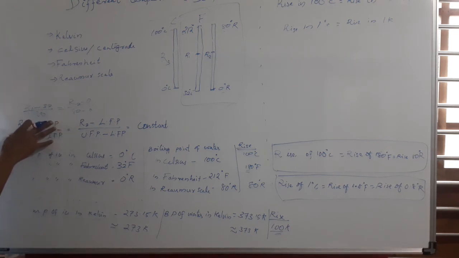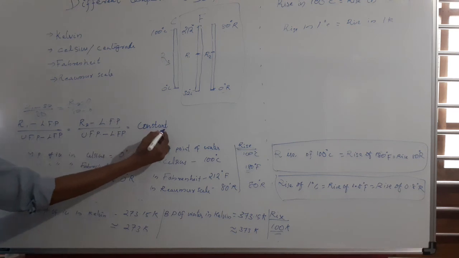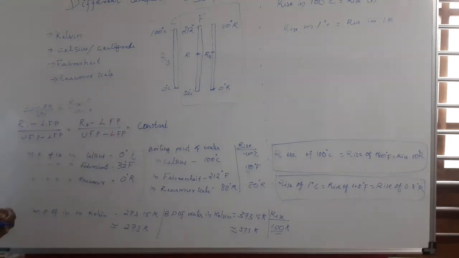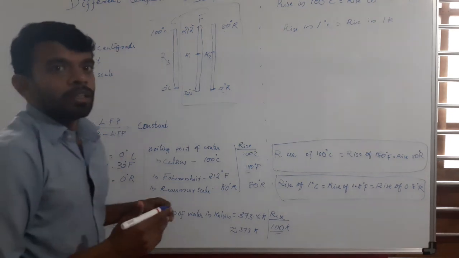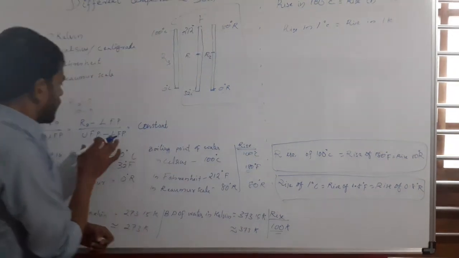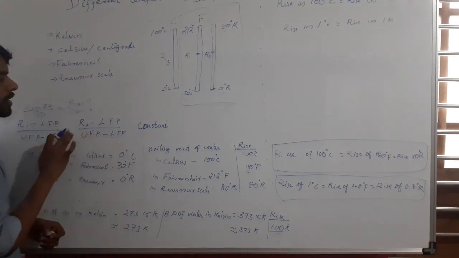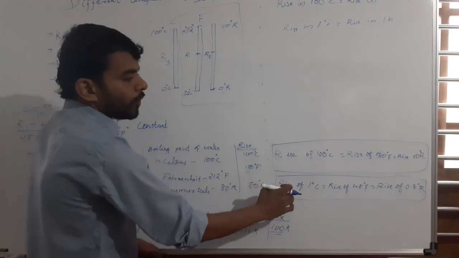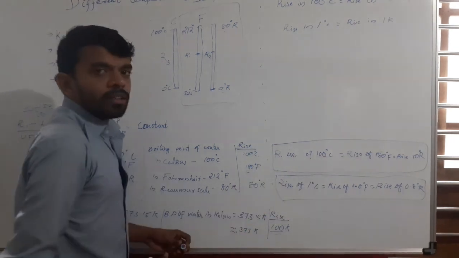Since it is constant, we can relate it with any other scales. So this is the relation to convert one scale to another scale, and to find the rise or fall of the temperature.